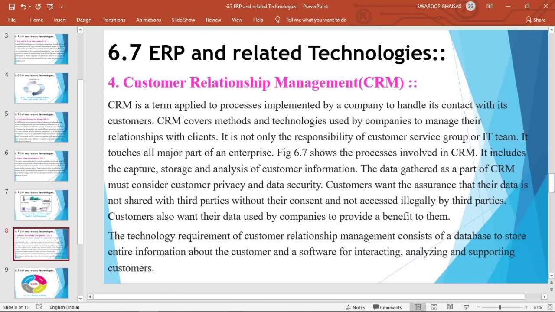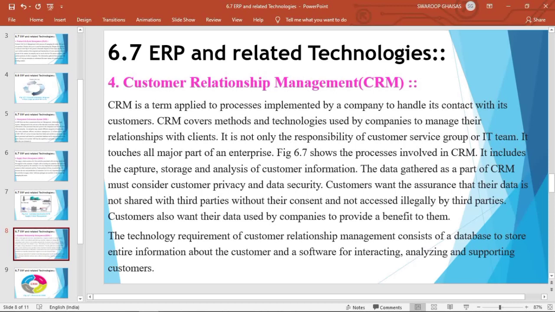We store it in a database, and then we use that information to analyze the customer, that is, what are the different choices of the customer, whether the customers are approaching towards your products, and whether they are getting satisfied with it or not. So that can be analyzed with this information.